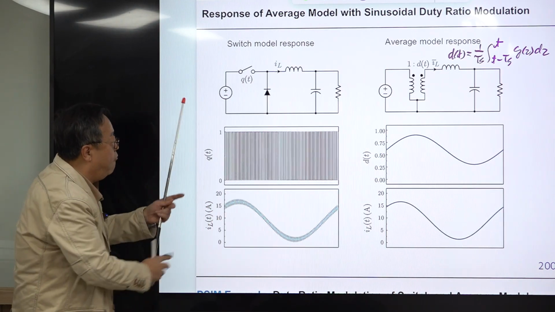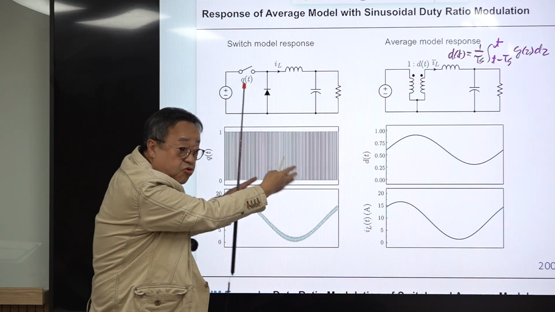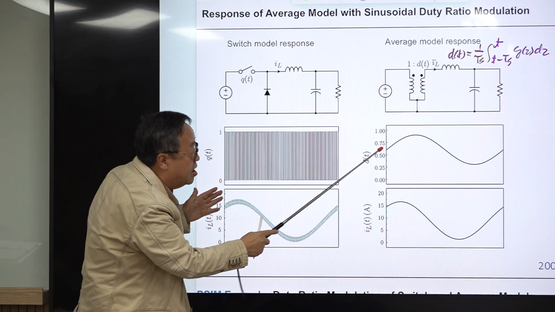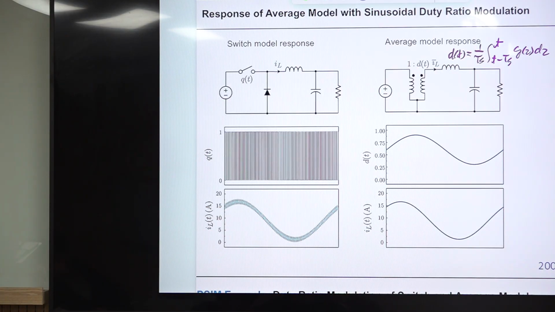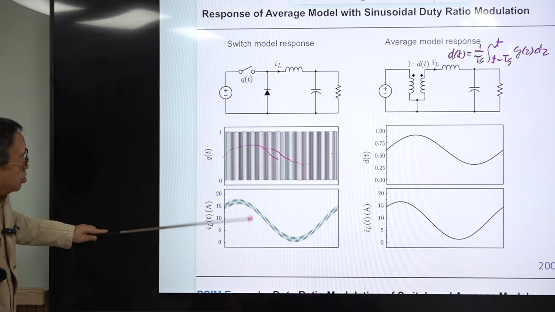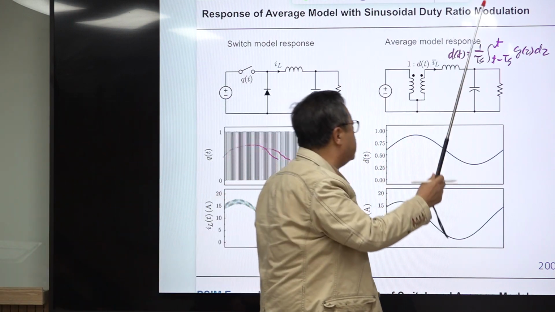You perform that moving average, QDT, then it looks like this sinusoidal fashion. That means the duty ratio is something similar to this. This switch model is generating this. There is a triangular ripple.